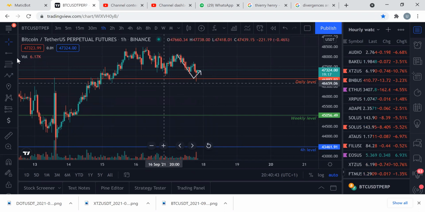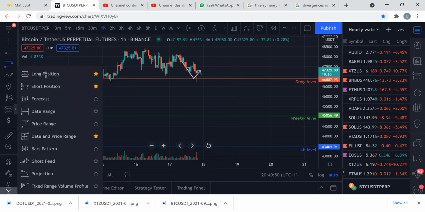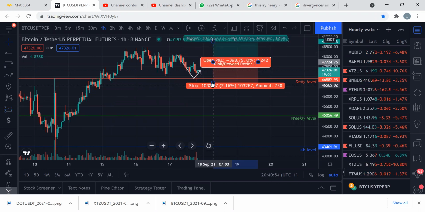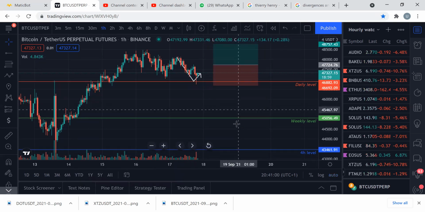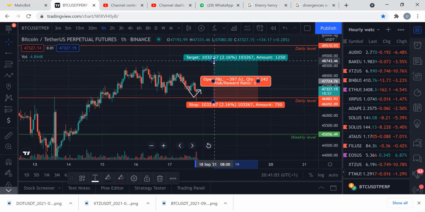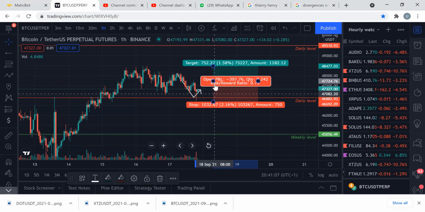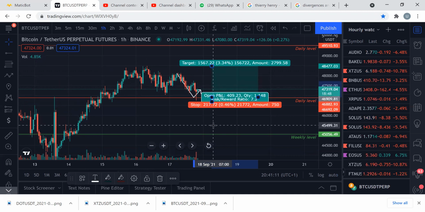The first way to trade this is to just place your pending order in this place. There's something we call a pending order. Let's say you put your long on this exact line, and you put your stop loss maybe below this place, and you take profit above here. You put your entry here.